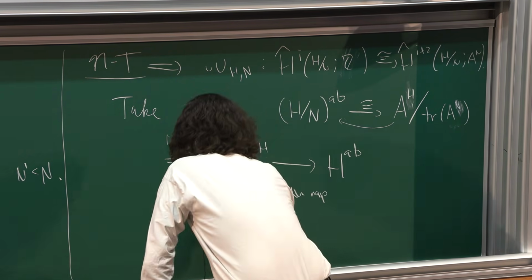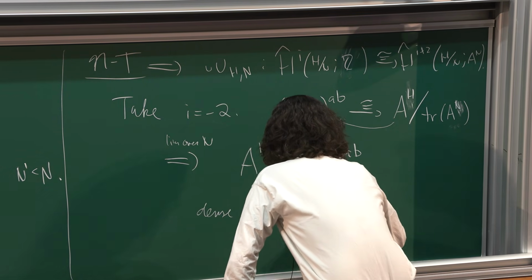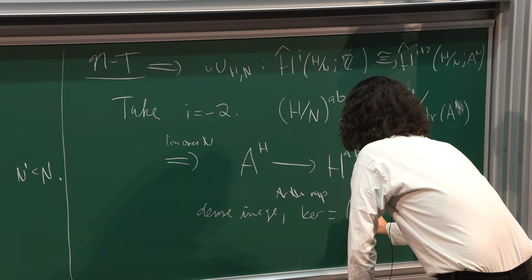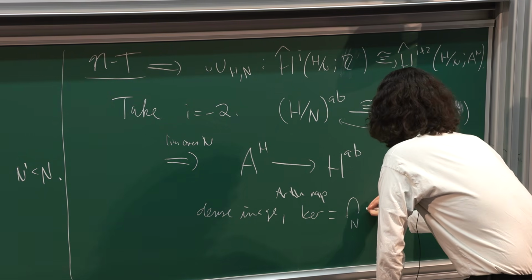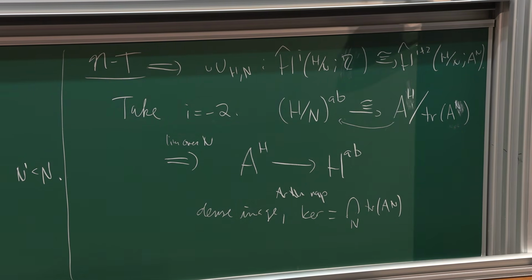It's got dense image. And the kernel is the so-called group of universal norms. So take the intersection of the transfers over all open normal subgroups.